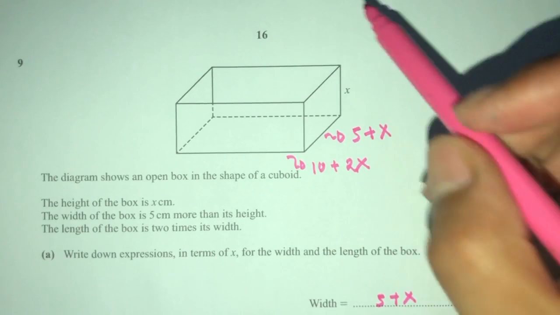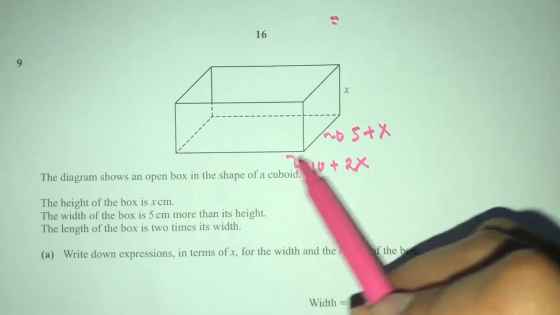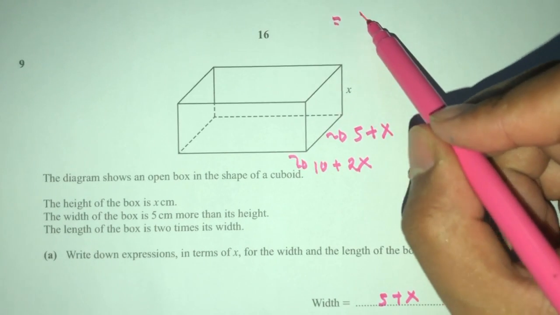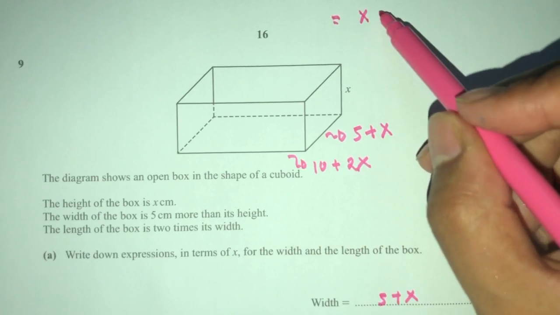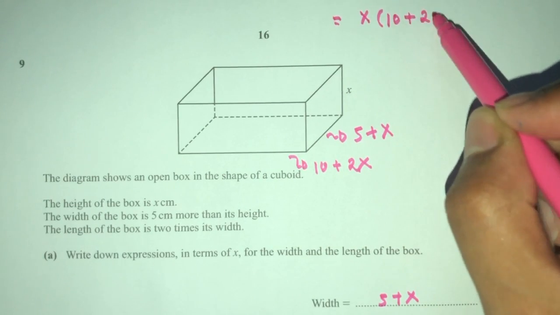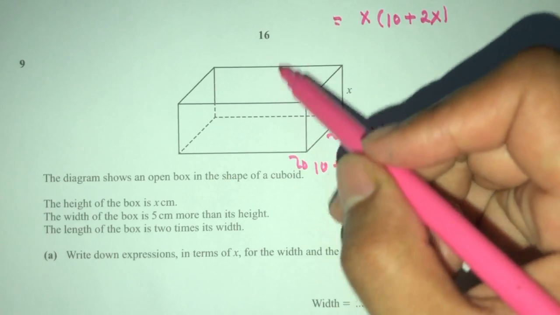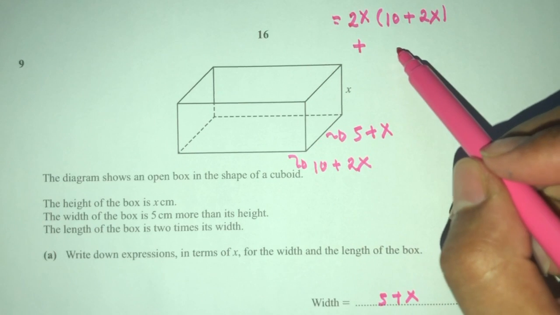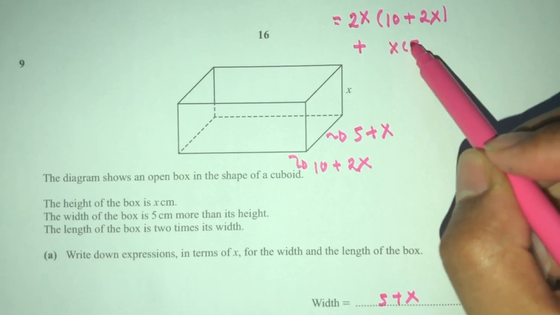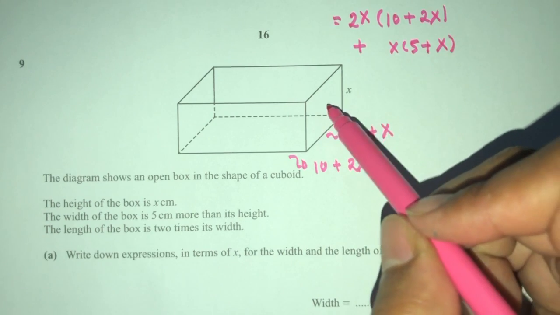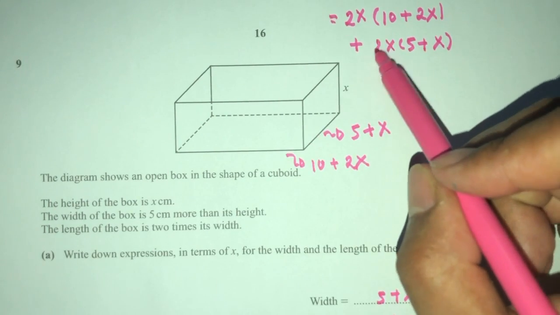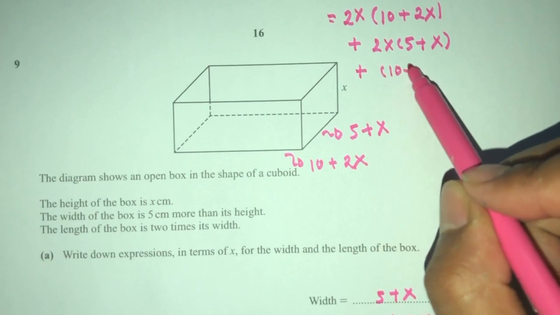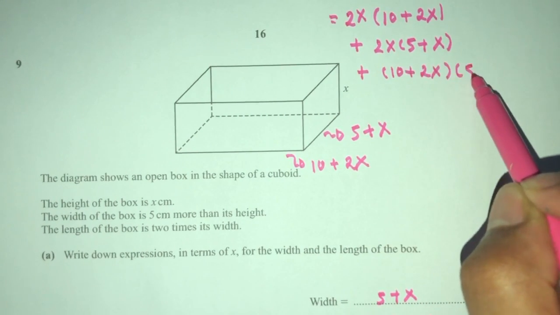This side will be length times width: x times 10 plus 2x. But we have this side and the side in the back, so times 2. Plus this side: x times 5 plus x, again times 2 for the back. And finally, the bottom: 10 plus 2x multiplied by 5 plus x.